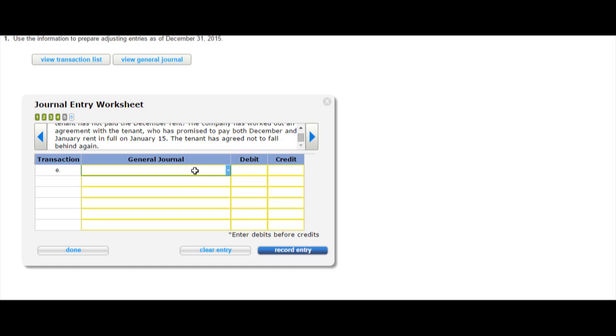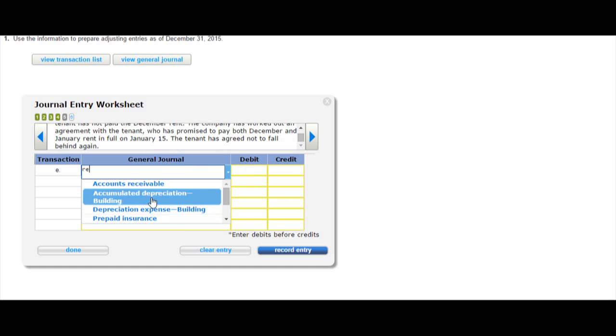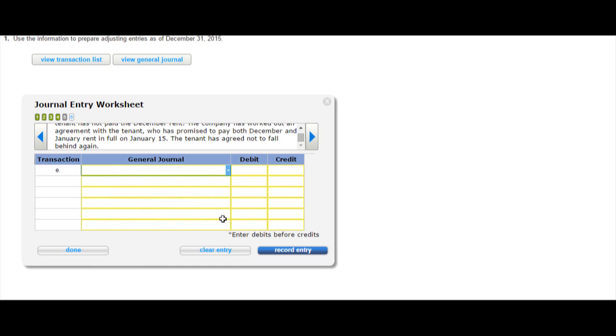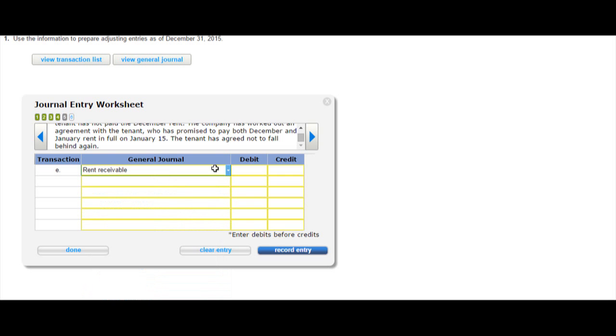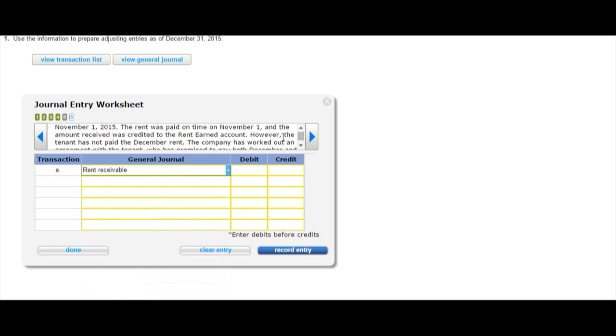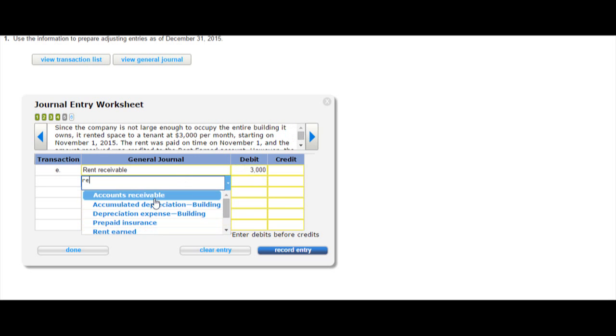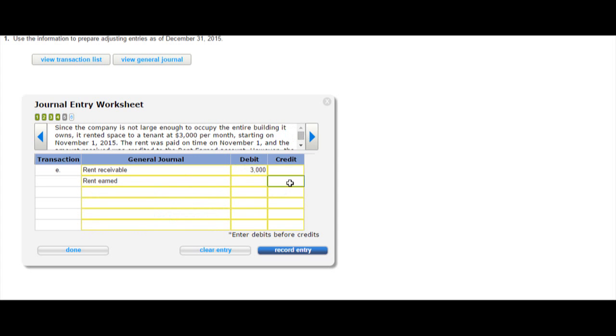So what we're going to do is, I believe, rent receivable. Do we have a rent receivable? Yes. For how much was it? $3,000. And rent earned $3,000.